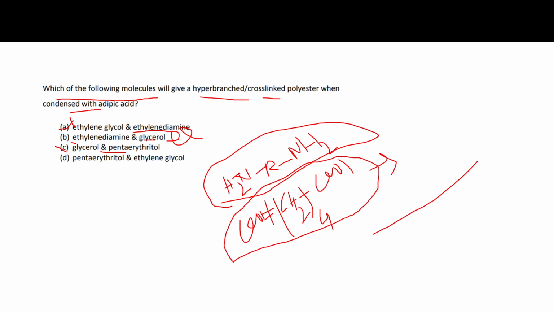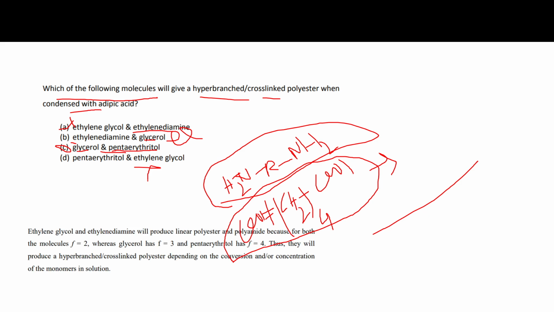So pentaerythritol has more than two OH groups. So glycerol can also form the hyperbranched polymer, and pentaerythritol can also form it. Ethylene glycol cannot form a hyperbranched polymer. If you know the structure of pentaerythritol, it will be like this.